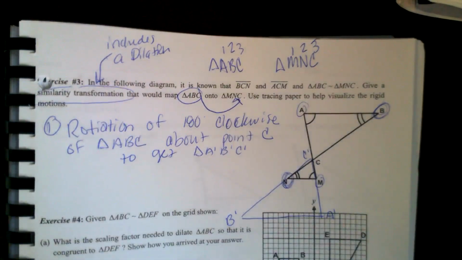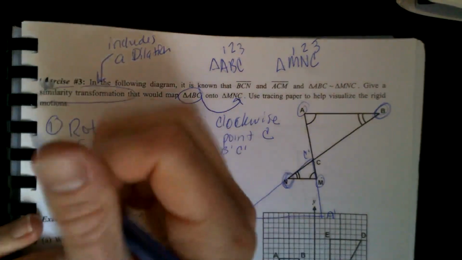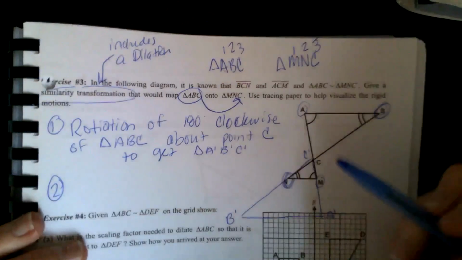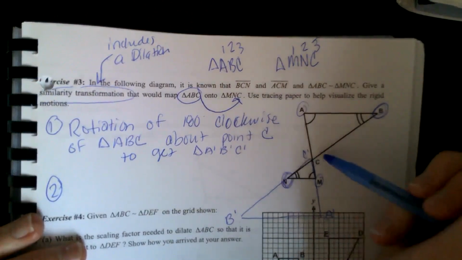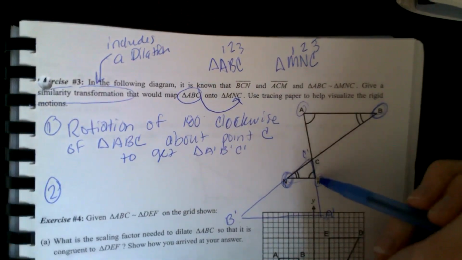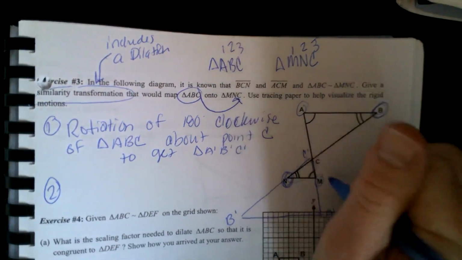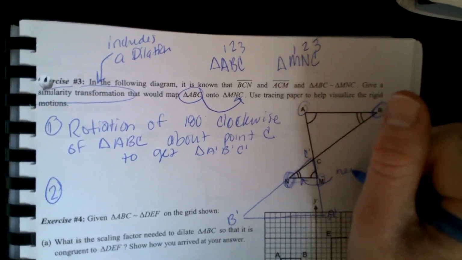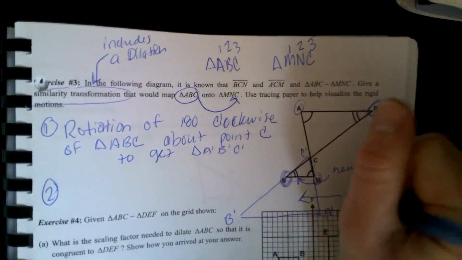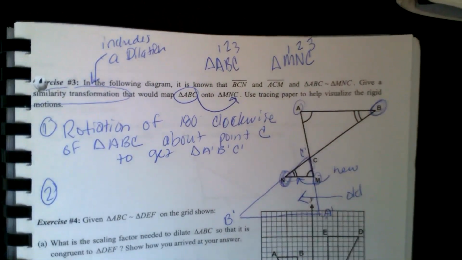Okay. So now this is where we do our dilation. But be careful, we're trying to map ABC, A prime, B prime, C prime onto this little triangle. So it's going to get smaller. So this triangle is our new, and this bigger one is our old. Right?